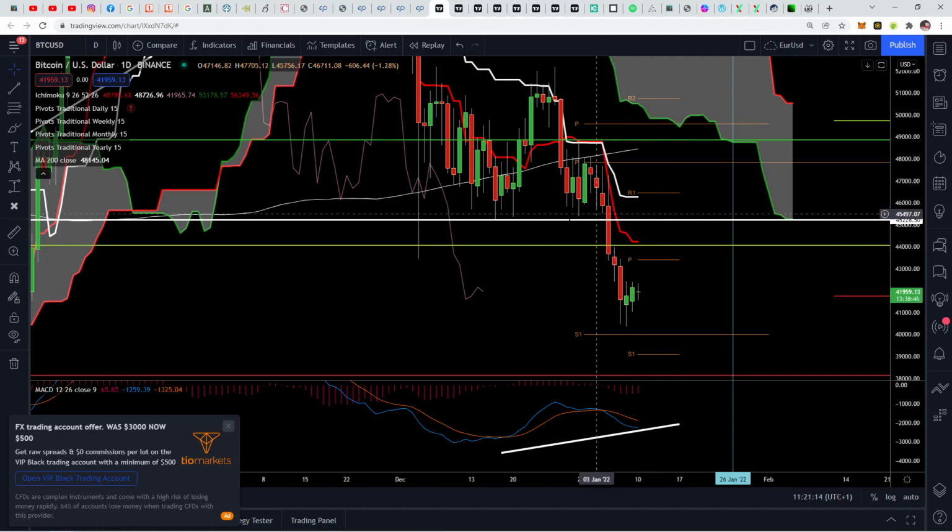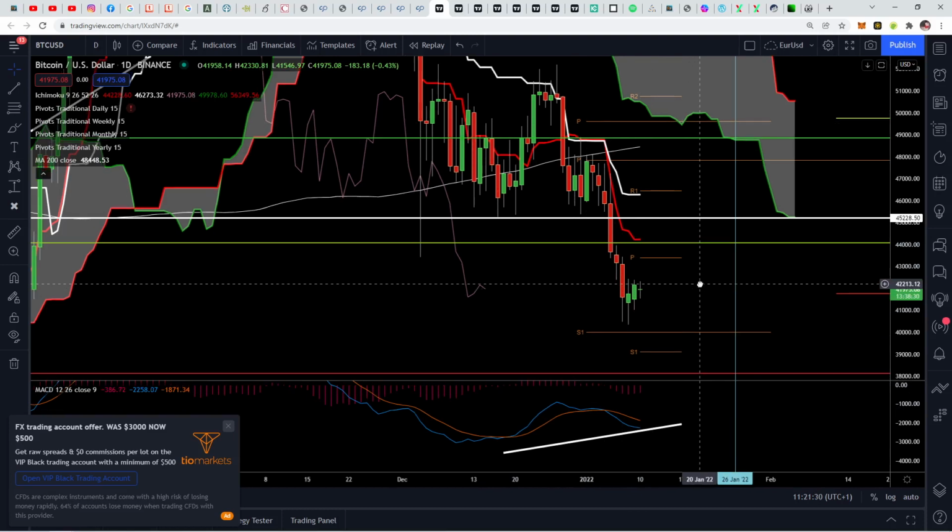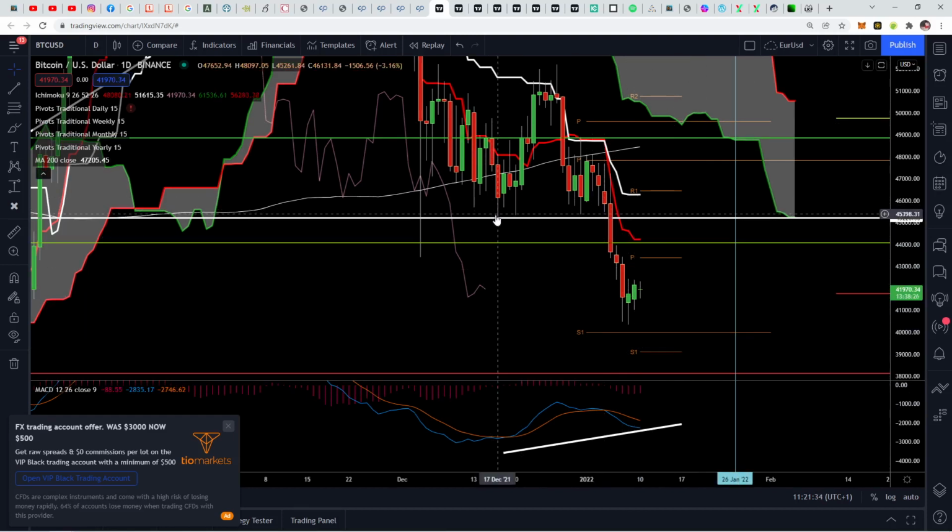So I would say this is quite a particular situation on the daily time frame, because we have the upward sloping SMA 200 and this oversold situation, and it's likely that price would bounce from here, I would say, at least to this previous support level here, 45,000 basically.